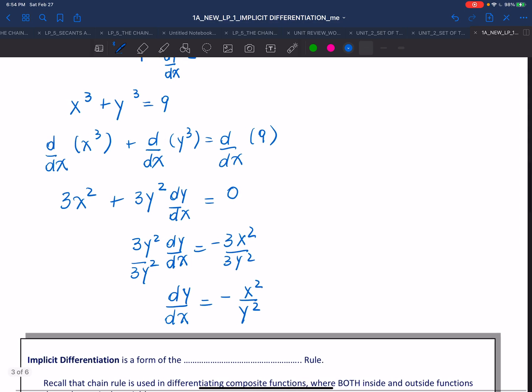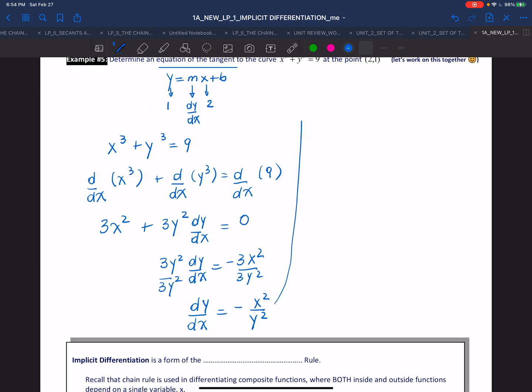So we'll say that the slope of the tangent will be measured by the value of dy/dx at x equals 2, y equals 1. In our case is negative 2 squared over 1 squared, negative 4.